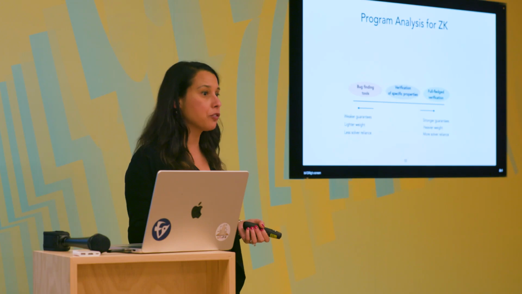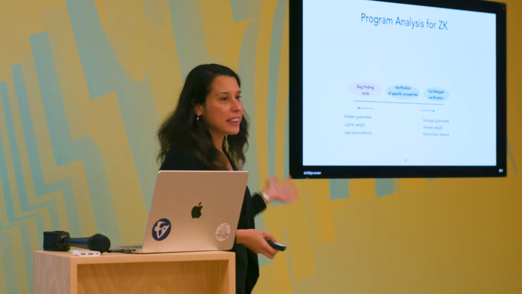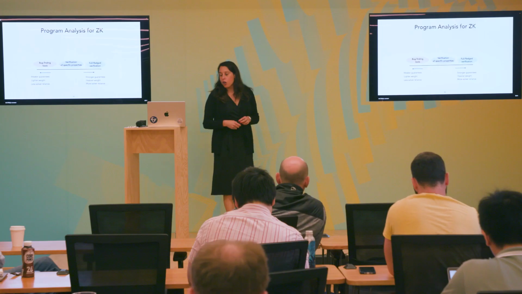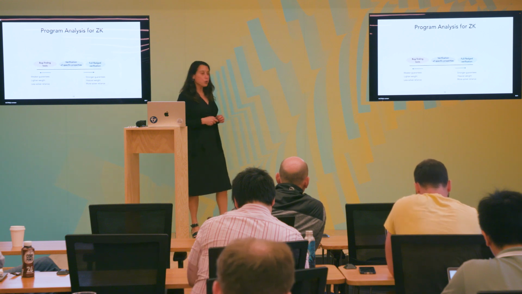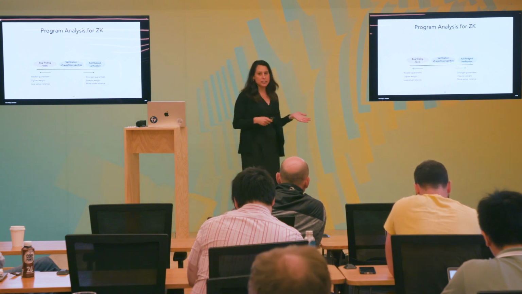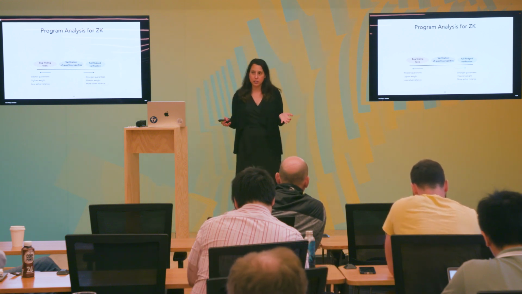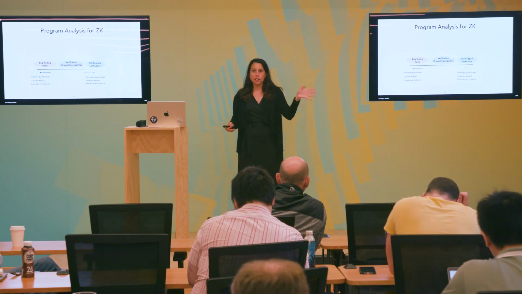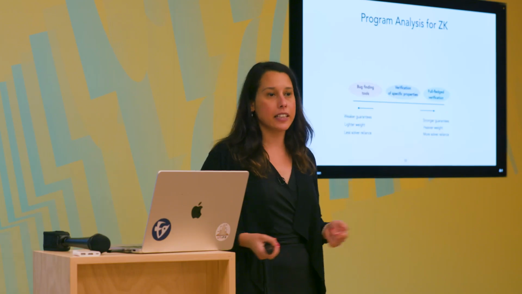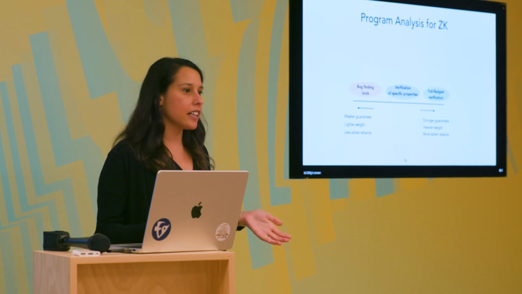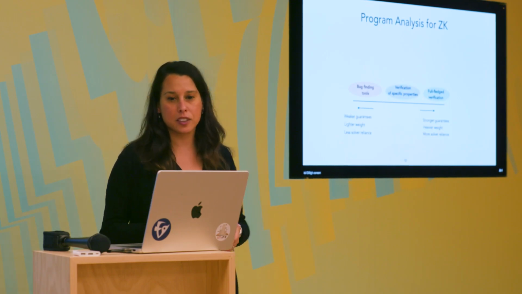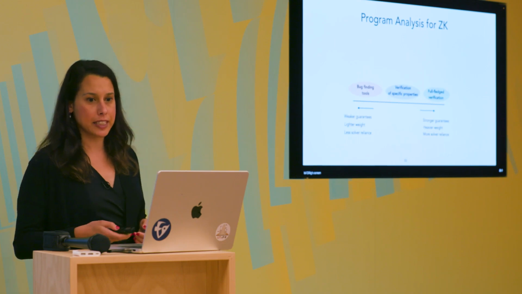You can say, I proved full functional correctness, but they tend to be pretty heavyweight. On the other end of the spectrum, you have things like bug finding tools that give very weak guarantees. They can have both false positives and false negatives, but their advantage often is that they're much lighter weight. So there's always a trade-off between different techniques.